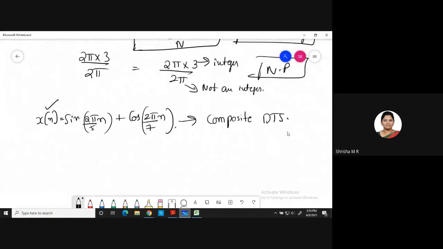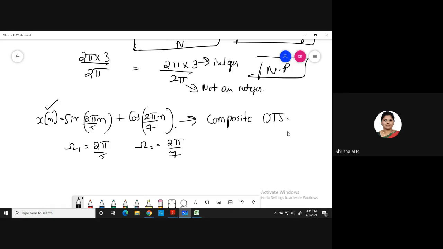Now, as we have seen in discrete time and continuous time signals, try solving this in a similar way. So what is omega 1? Omega 1 is 2 pi by 5. And what is omega 2? 2 pi by 7. Correct?